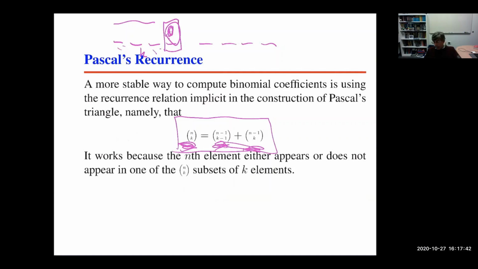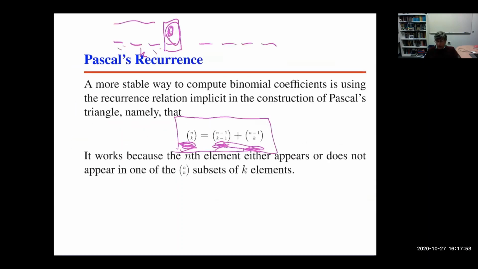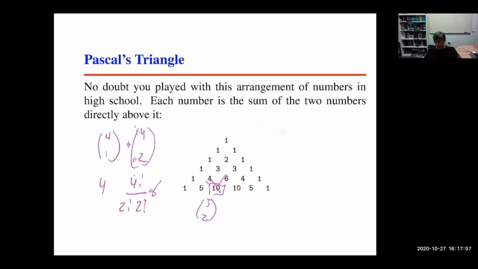Okay. If it's a recurrence relation, you need to have a basis case. What were the basis cases for Pascal? Well, the main basis cases were 1, the ones on the outside.